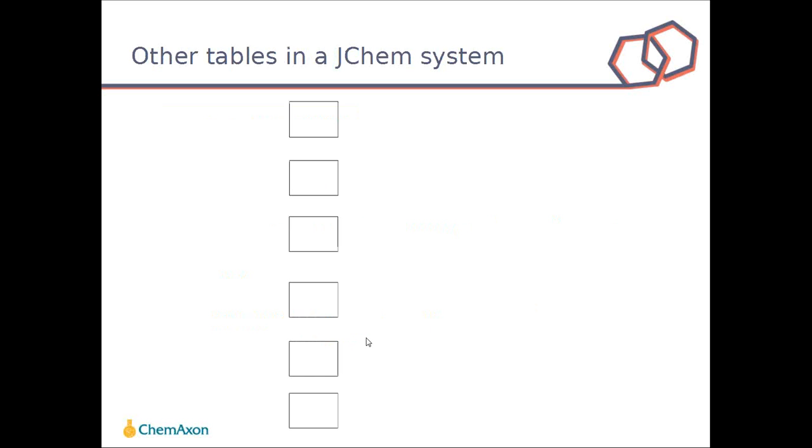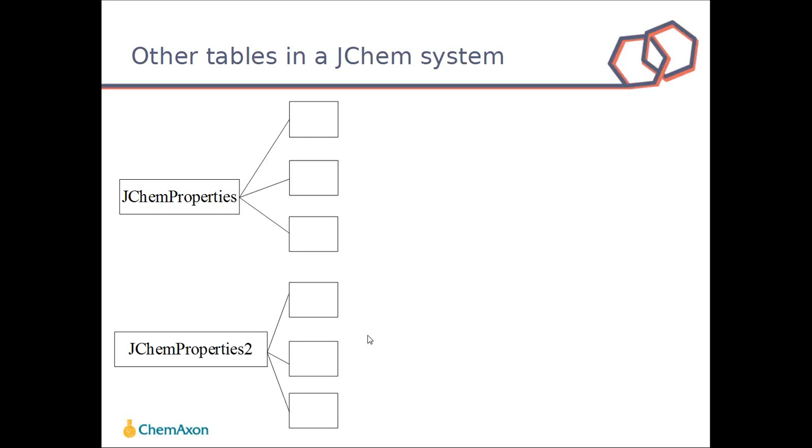Okay, now as promised, I will talk about these JChem property tables. In the same database, you can specify different JChem property tables, and upon connecting to the database, you specify to which JChem property table you connect. By default, its name is JChem properties, but you can specify another name as well.